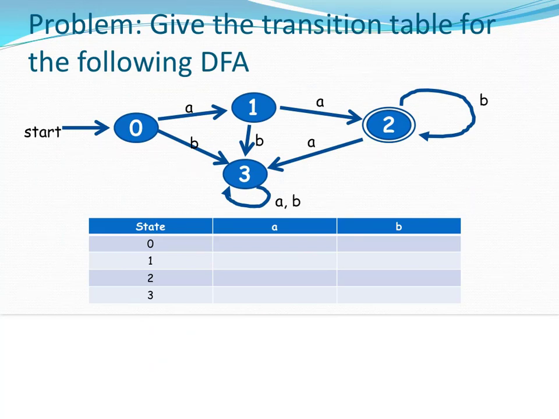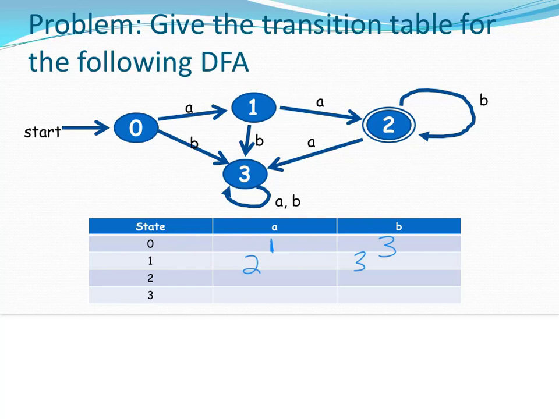If I am at state 0 and I see an A, I get 1. If I'm at state 0 and I see a B, I get 3. If I'm at state 1 and I see an A, I end up at 2. If I'm at 1 and I see a B, I end up at 3. If I'm at 2 and I see an A, I go to 3.